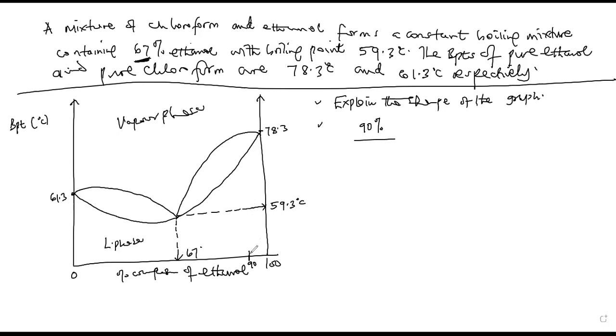If you're distilling 90% of ethanol, it means that it is going to boil at temperature T1, producing vapor V1. You condense that vapor, maybe obtain a certain liquid L1, which has the same composition as that of the vapor.